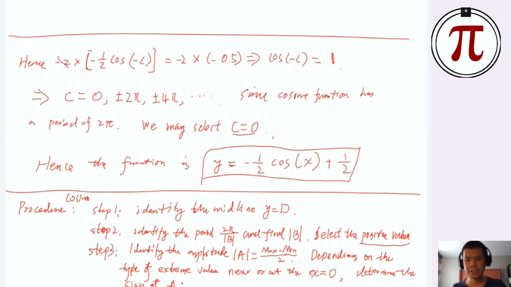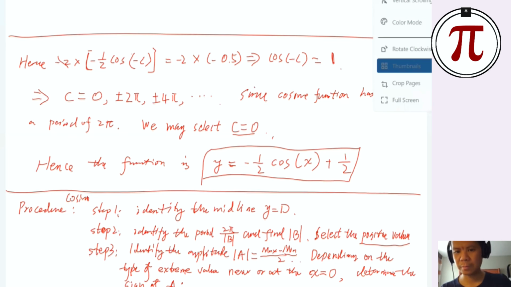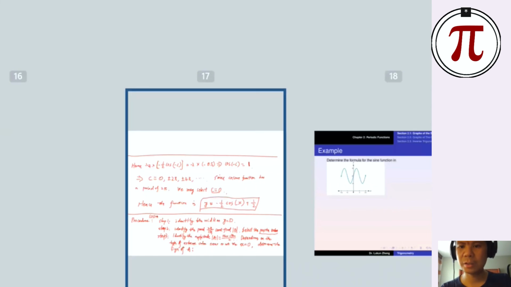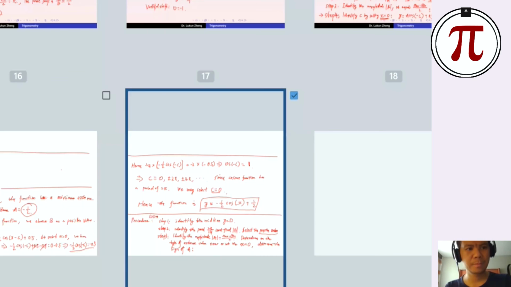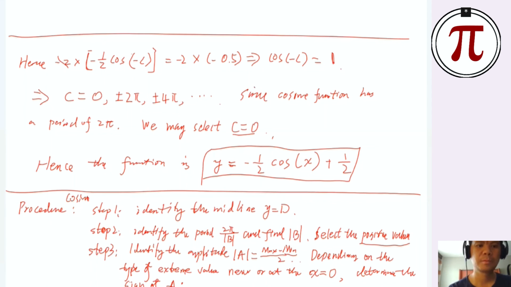How to determine A? Oh gosh, I'm going to add another page then. Okay, just 1 second. Let's put another page. All right.